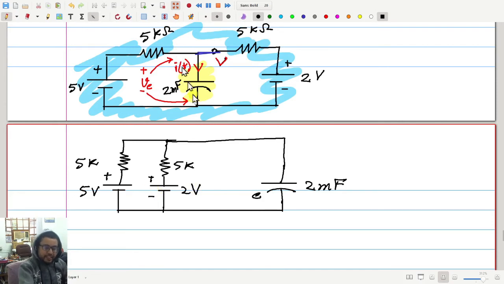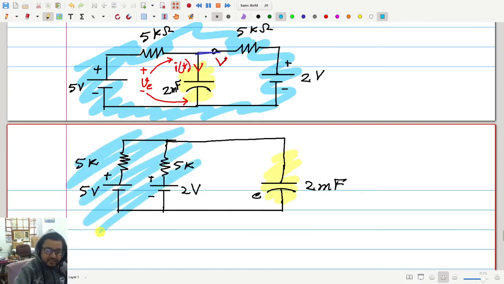So you see that these two circuits are exactly the same, but drawn in different ways. Basically this part is drawn here, and everything else is drawn here. Let me just put a box.